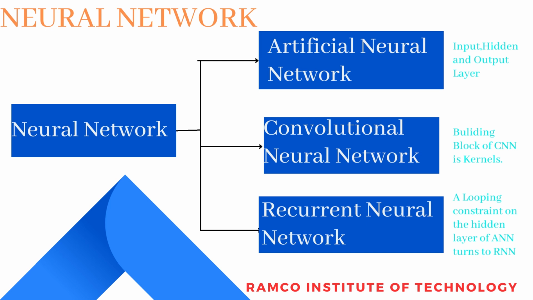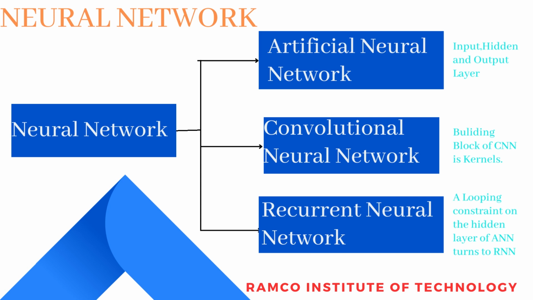Next one is the convolutional neural network. It learns multi-level features and performs image classification and segmentation problems. The building blocks of convolutional neural network are kernels. So these kernels are used to extract the relevant features from the input using the convolution operation.